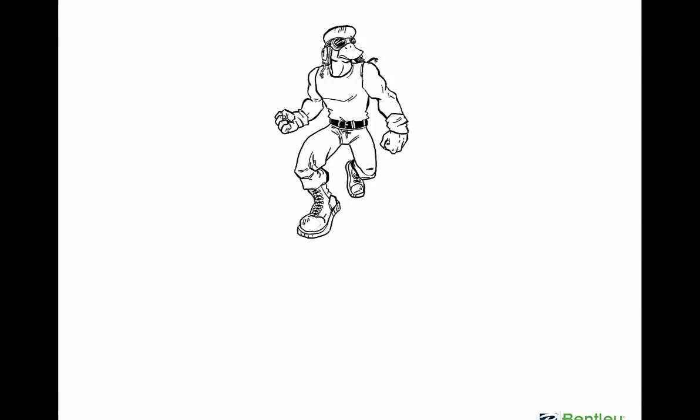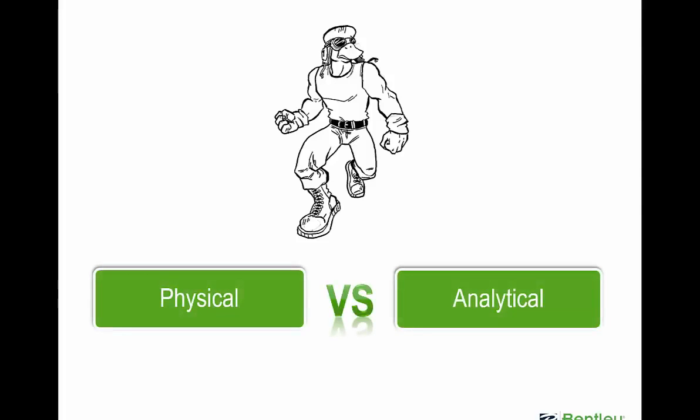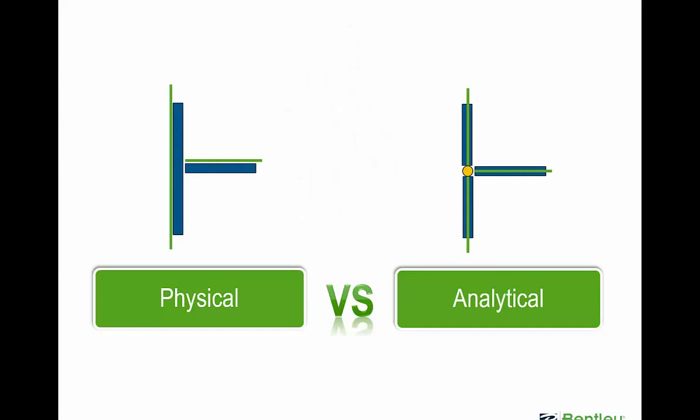First of all, we have to deal with some enemies, so solutions which don't like each other very much. We are talking about a physical model and an analytical model. In the physical world, we have objects with physical information and insertion axes, continuous objects, stuff like that.